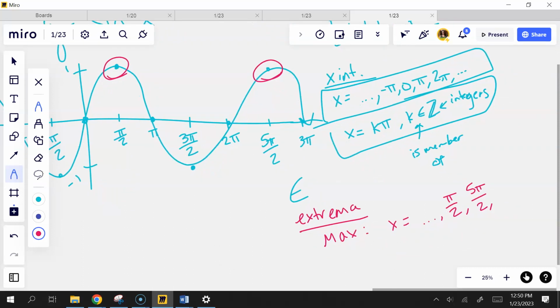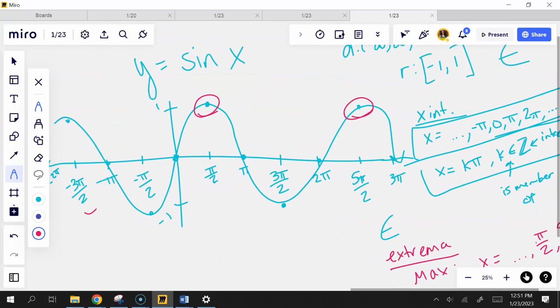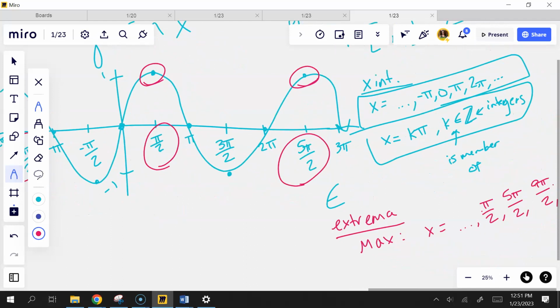Give me one more so I can pick the pattern. 9 pi over 2. It's every other odd, right? So 1 and then not 3 but 5, not 7 but 9. The next would be not 11 but 13. Those are the maximums.